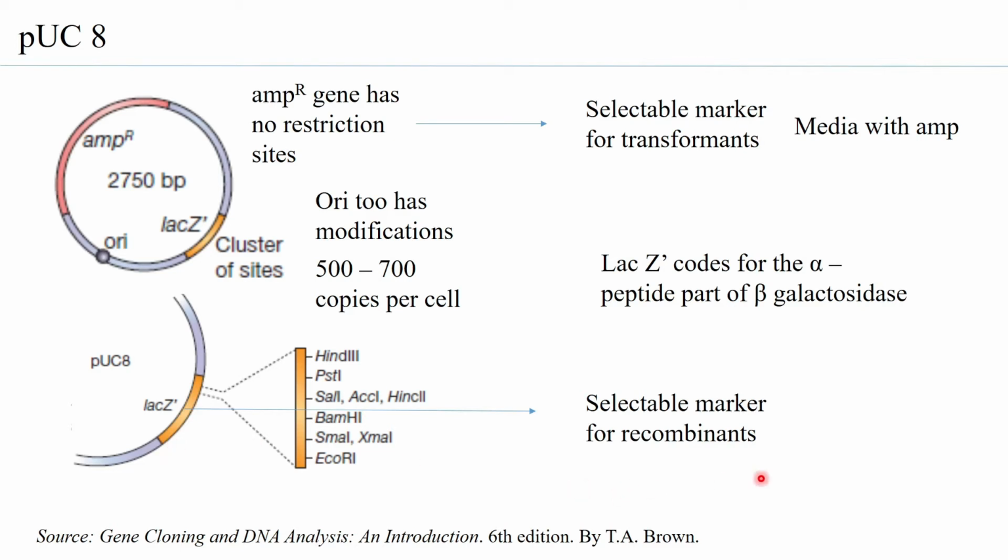For what? For recombinants. So AmpR tells us that the E. coli has got transformed, but the lacZ prime tells us that the E. coli has the recombinant. So this is essentially a very good characteristic of pUC8.